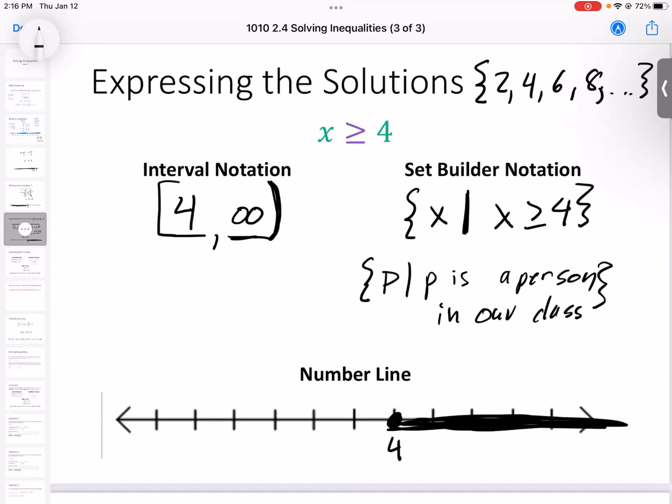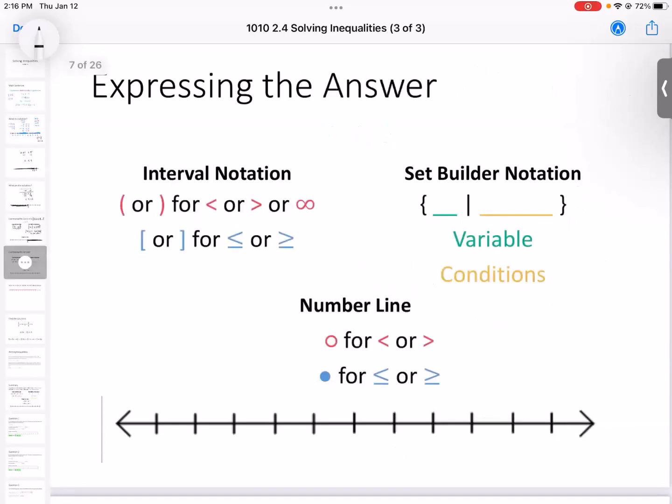All right. Okay, so to summarize the different ways that you might express the answer, we have interval notation where you use round brackets if the symbol is less than, greater than, or if the bound of your solutions is infinity. If the symbol is less than or equal to or greater than or equal to, then the number itself will be able to be a solution, and so you'll use square brackets.